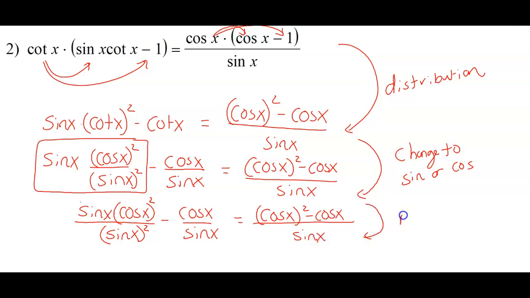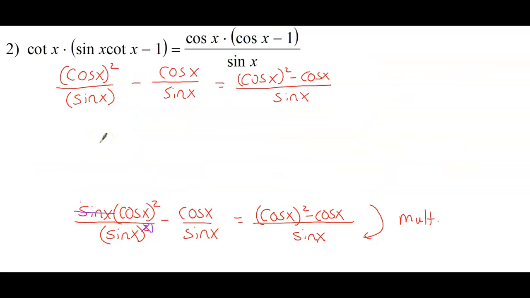Got from there by multiplication, right? Okay, now what do you think we would do? So what I would do is I would reduce. I see that this sine x here can reduce one of the sine x's off the bottom and leave us with 1 now on the bottom. Okay? And so that's how I would handle that one.